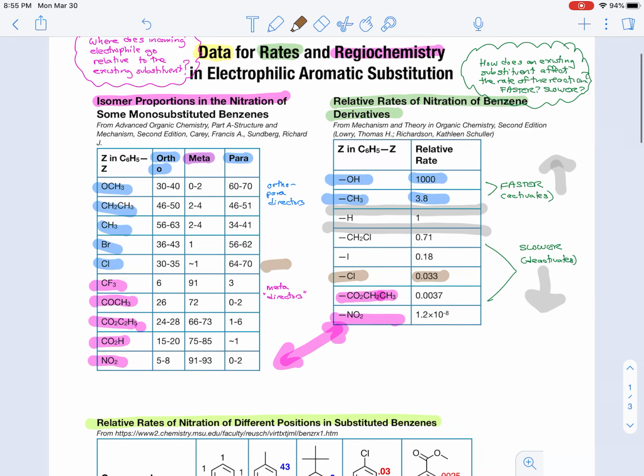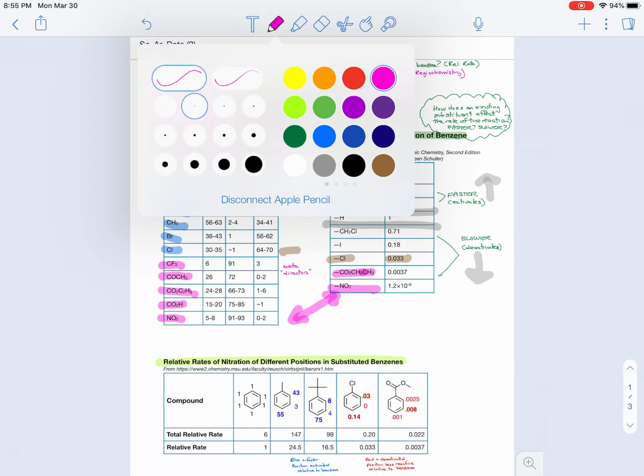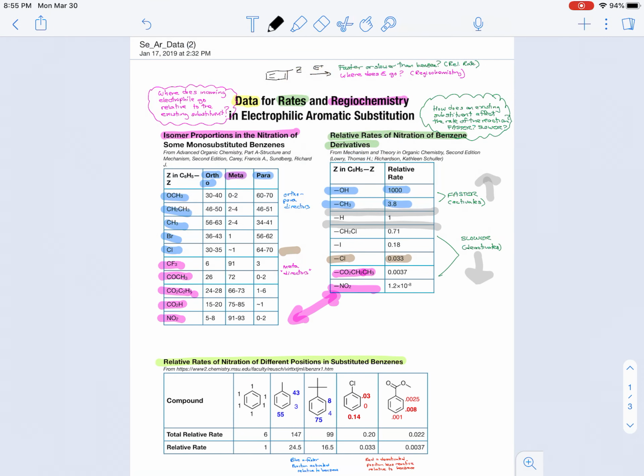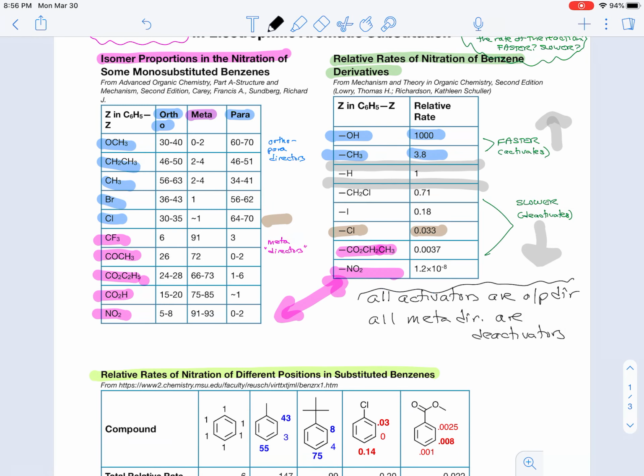Based on this data, and although it's a small data set, it's consistent with the other data, what it's safe to say is that all activators are ortho, para directors and all meta directors are deactivators.